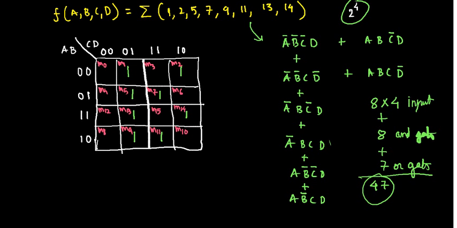Now, let me go to the next page. Alright, so what we have done, we have found how many variables there are. We have formed 2 to the power n squares. We have kept one only in those squares where the min terms are true.